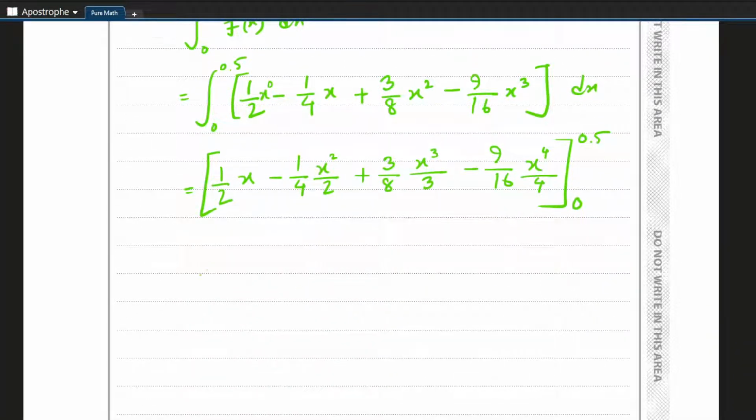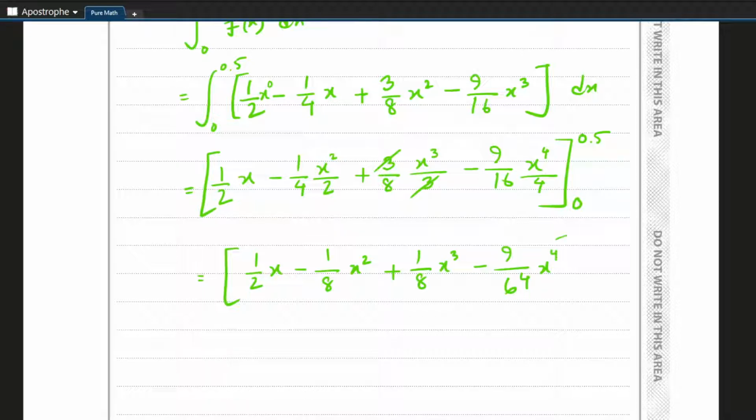I'm going to simplify the whole expression. So half x minus 1 over 8 x squared plus, with cancellation, 1 over 8 x cubed minus 9 over 16 times 4, which is 64, x to the power 4, limits 0 to 0.5.